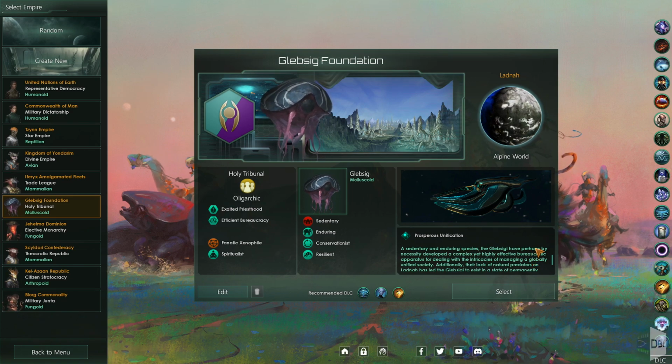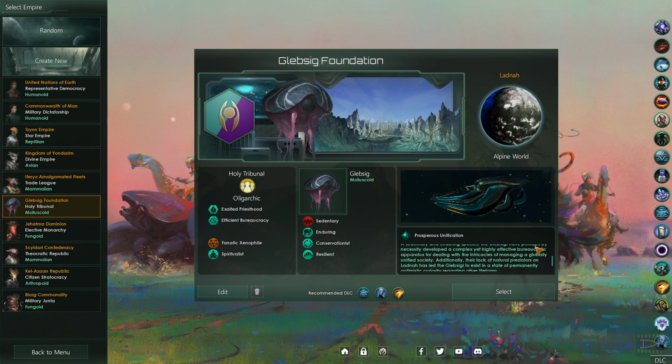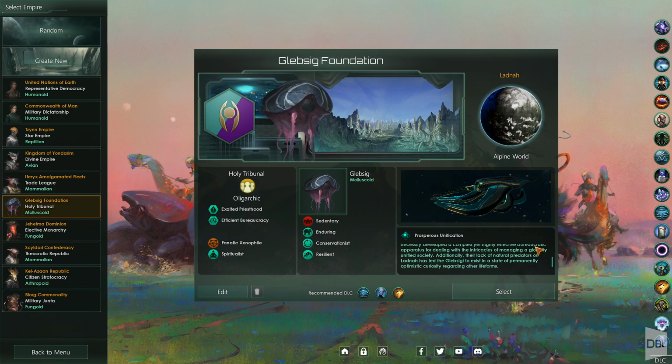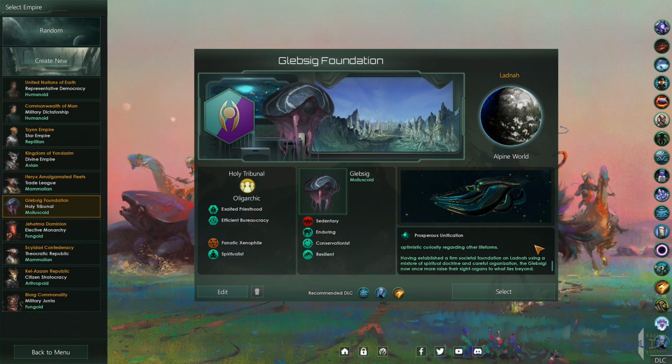Additionally, their lack of natural predators on Ladna has led the Gleb Sigi to exist in a state of permanently optimistic curiosity regarding other life forms, having established a firm societal foundation on Ladna using a mixture of spiritual doctrine and careful organization. The Gleb Sigi now once more raise their sight organs to what lies beyond.